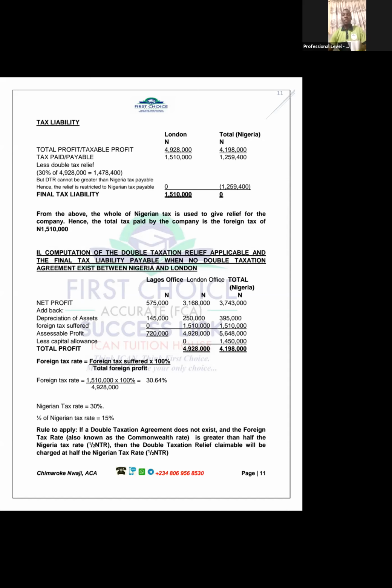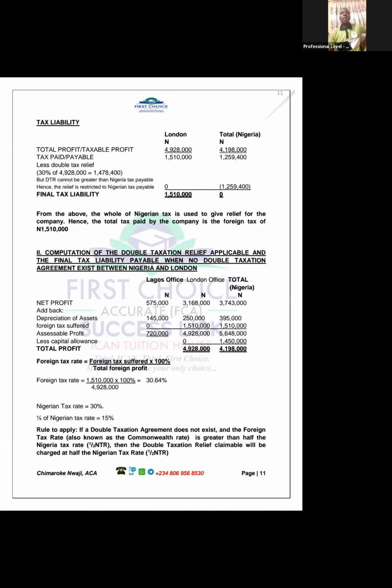Even though we've said before that it's 30% that we are supposed to use, we are still using something lesser than 30% of foreign total profit. Instead of that, we are now using 30% of Nigerian profits. And so your final tax liability is just the foreign tax you've paid, because Nigeria is zero. So you see, from the computation above, the company is only paying the foreign tax.